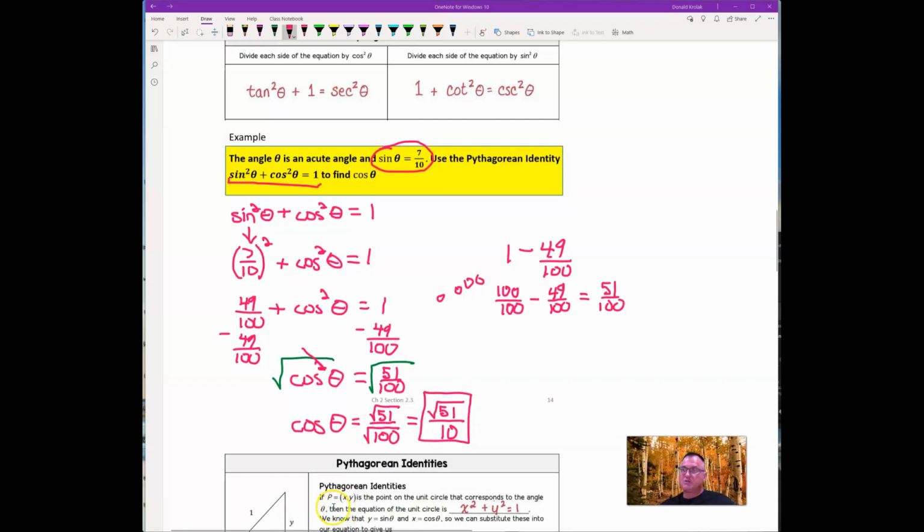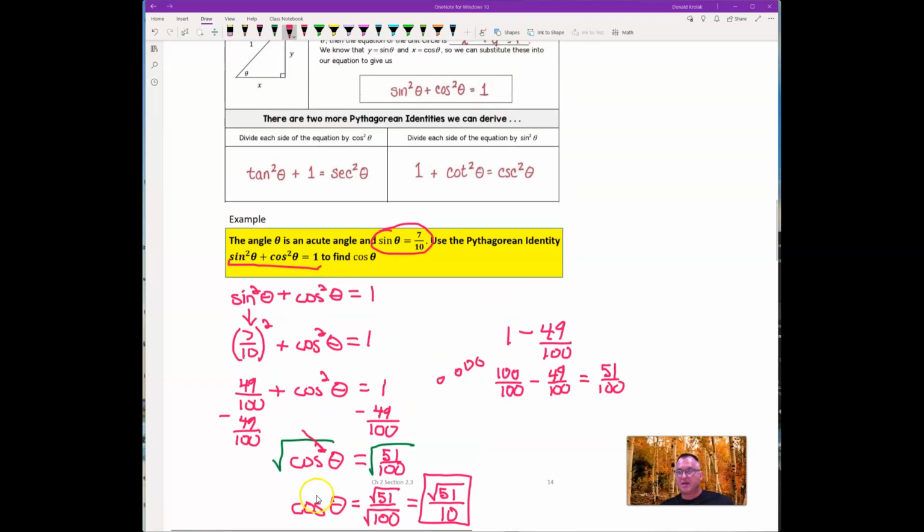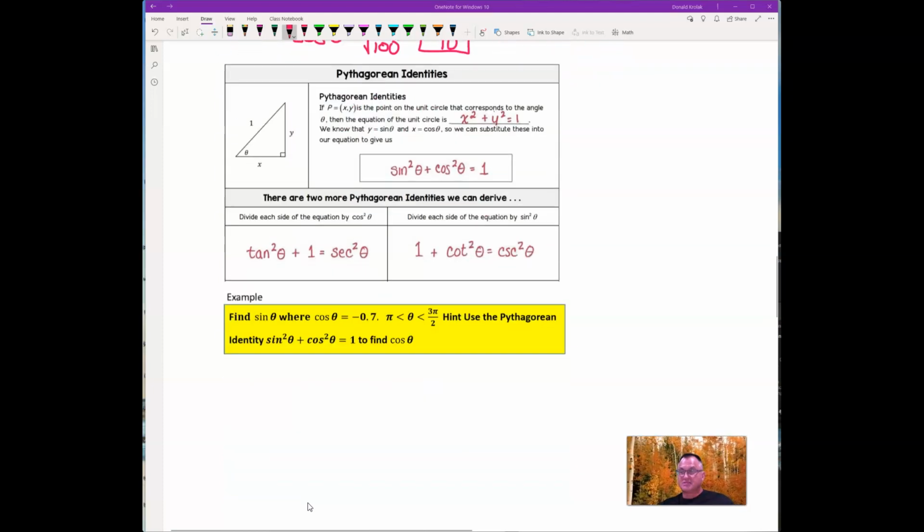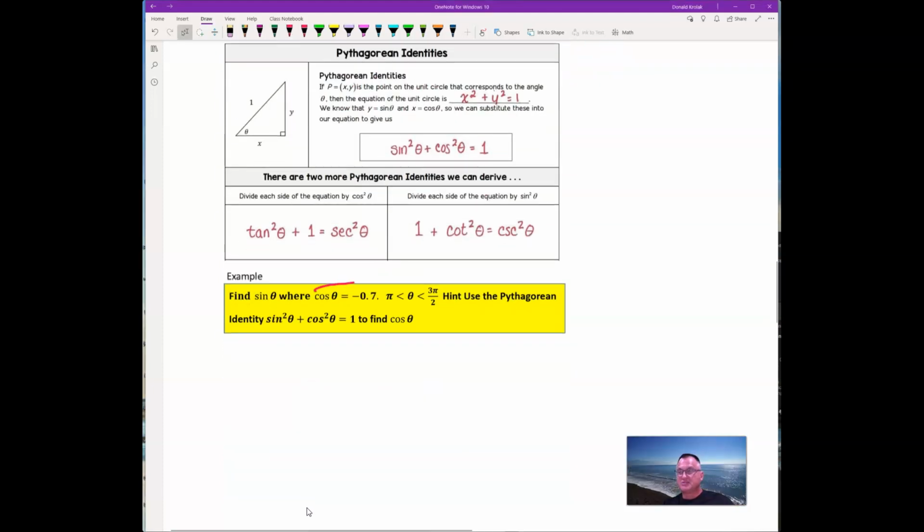So we use the Pythagorean identity when I just know sine and I want to get cosine. Or, in this next example, I just know cosine and I want to find sine. It says find sine given that the cosine is negative 7/10 and the angle is between pi and 3 pi over 2.